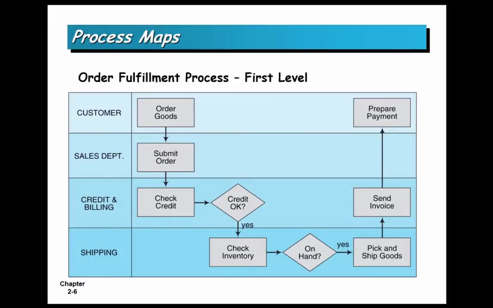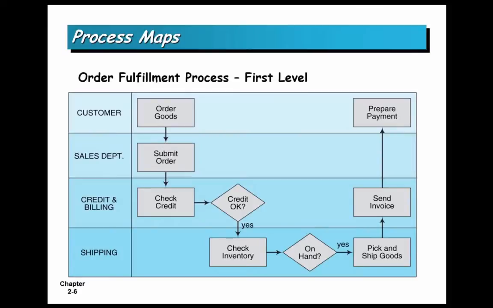Is that credit okay? Notice at the highest level, we don't show the no branch. That's exception processing. We don't show the exception processing at that highest level. So if the credit is okay, the order goes to the shipping department. The shipping department checks to make sure there's inventory for that order. If there is inventory on hand, you pick the goods, and then you ship the goods.